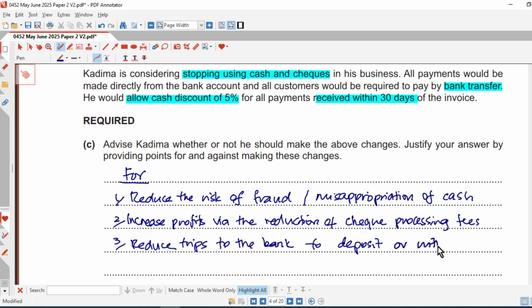You don't need to keep going to the bank to deposit the money. You don't have to keep making trips to the bank to deposit your check. So everything is done via a bank transfer. You don't have to go to the bank to deposit or to withdraw, right? So you save a lot of time there. Okay, now what else can you tell me? When you stop using cash and checks, do you have any more points?